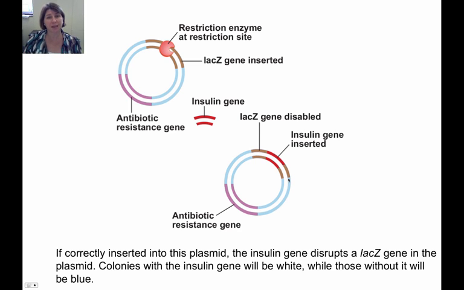It will become disabled and no longer function. So the LAC-Z enzyme will no longer be produced and therefore we will no longer produce a blue colour. If we pick the colonies which are white, we know that they have an insert in the plasmid and therefore are likely to contain the particular piece of DNA that we are interested in.